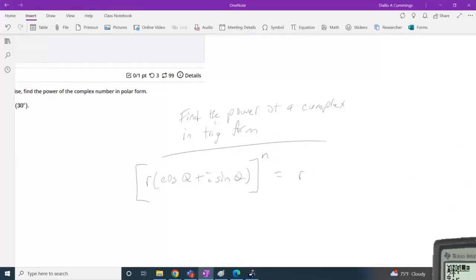That's going to equal R raised to the n power times the cosine of n times theta plus I times the sine of n times theta.